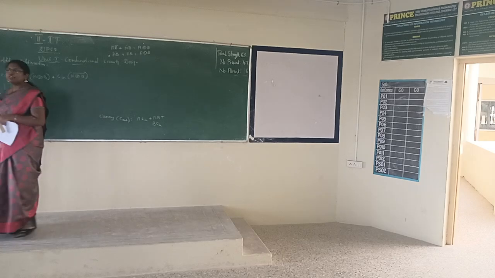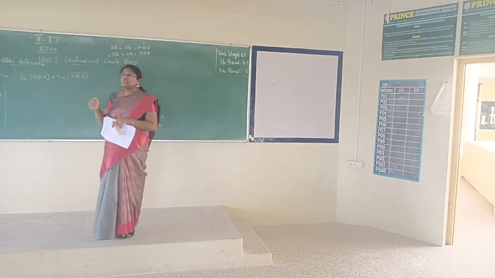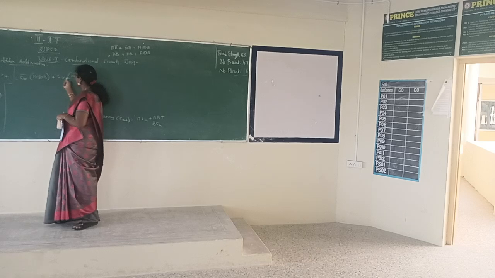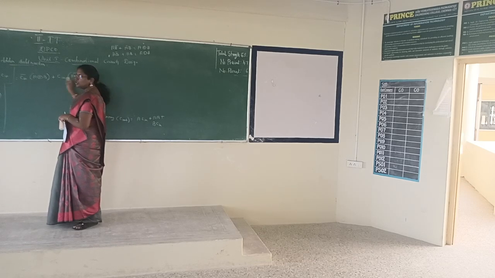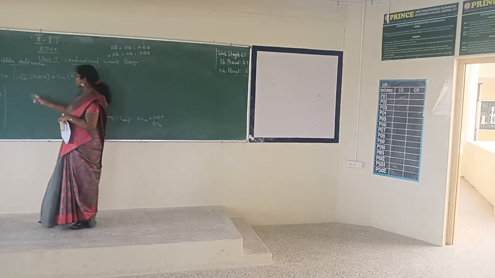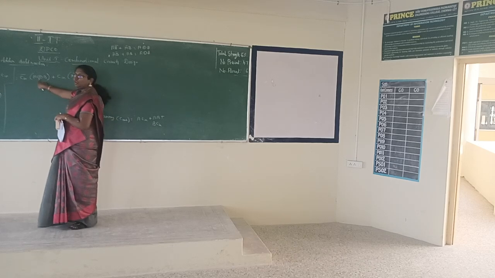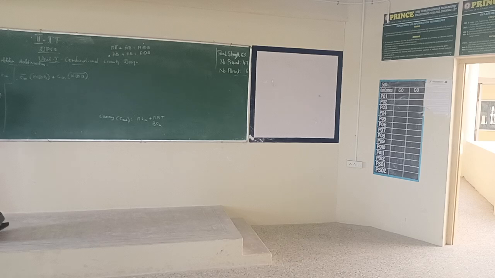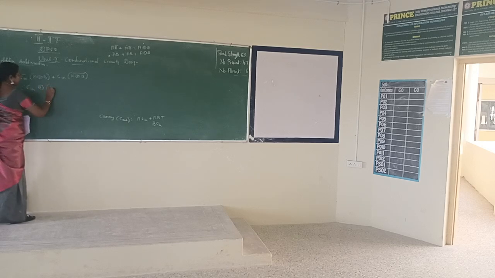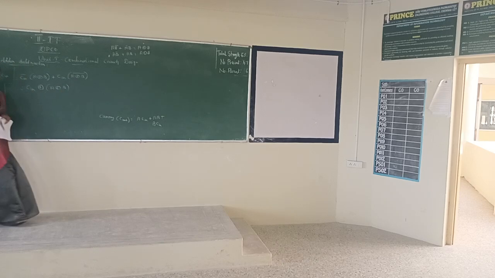So this is our form: A bar, B plus A, B bar.